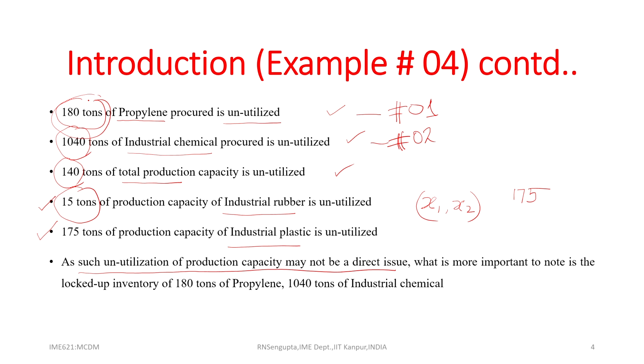the 180 tons of propylene, which I will highlight in a different color, let me use the blue one, and the 1040 tons of industrial products will be locked-up inventory and may add to the cost.